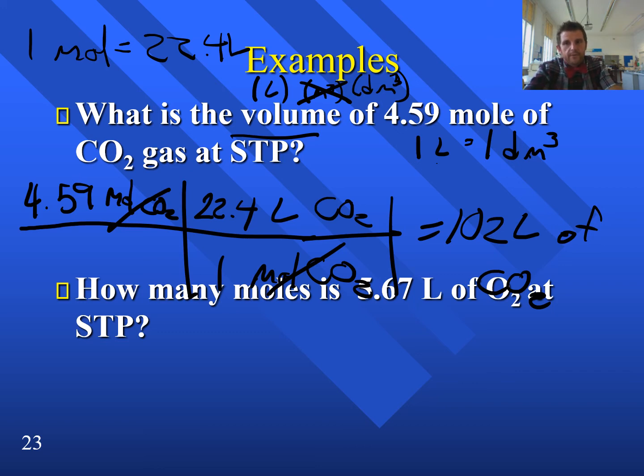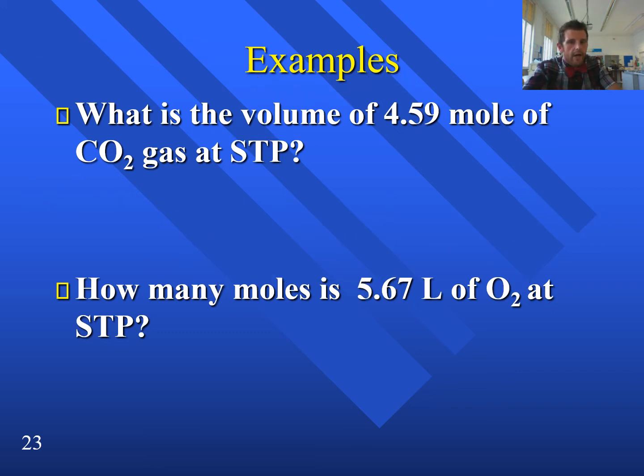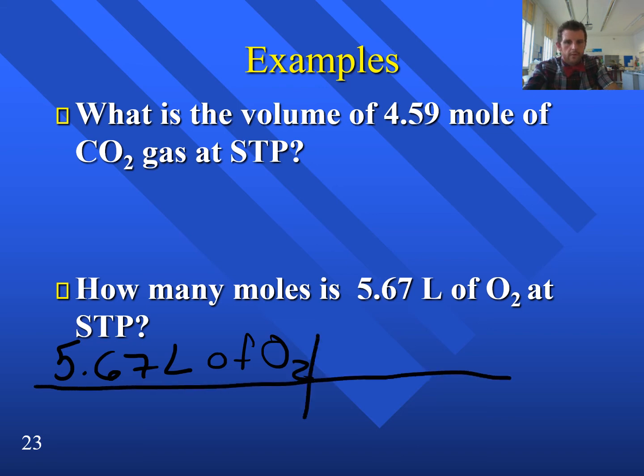This is just opposite, so going backwards. So if I know I have 5.67 liters of O2 at STP, I want to know how many moles. I'm going to take that unit, liters of O2, and I'm going to switch it into moles of O2. 22.4 liters for every 1 mole.